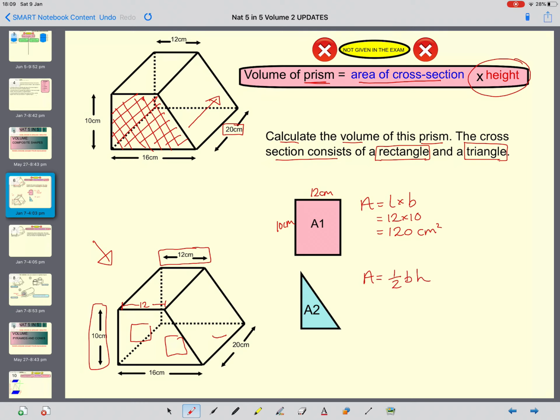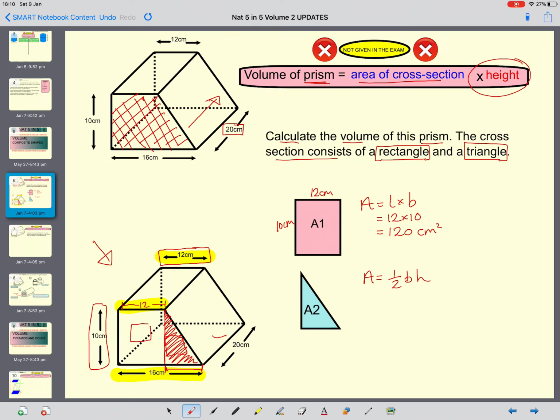So let's have a look at what half the base times the height is. If I look over here at my triangle that I'm colouring in, you can see that this length here is 16 and this length here is 12, therefore this length is 12. So if you do 16 take away 12, you would get this length at the bottom here.